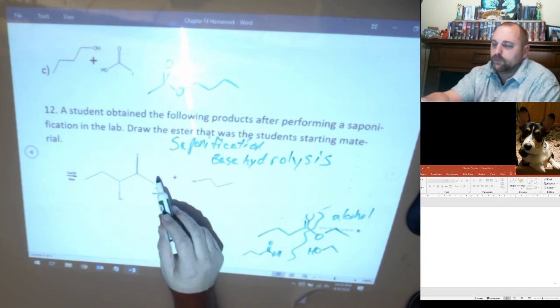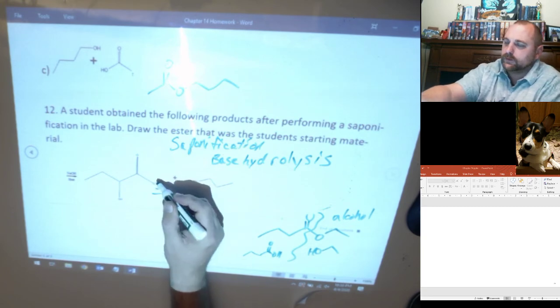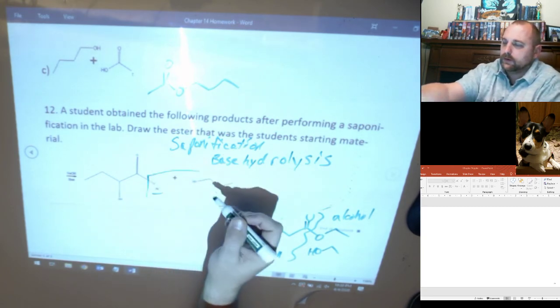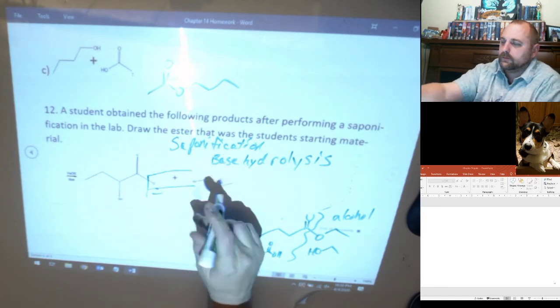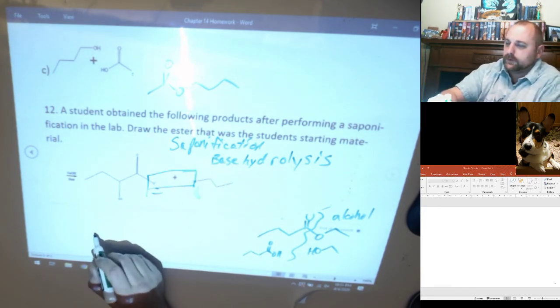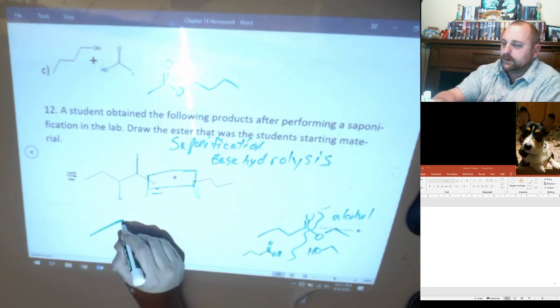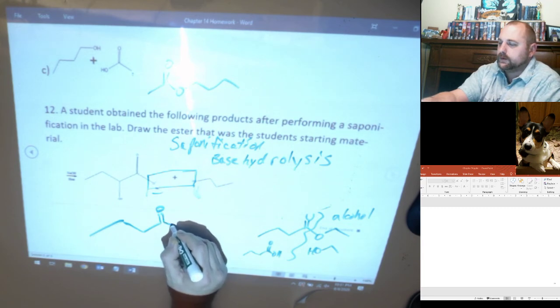So we would reprotonate this. We're just going to take this O, and we want just the H, but I'm going to take it like that. So I'm just going to redraw it. This is actually not too bad, as long as you recognize what saponification was.